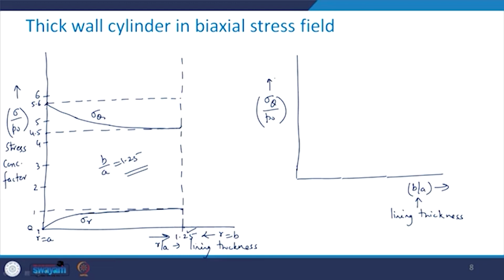So I have here 1, 2, maybe this is say 3, this is 4, and here I have 5. And on this axis I have 1, 2, 3, 4, 5, 6 and 7, let us say. So this is your 7.